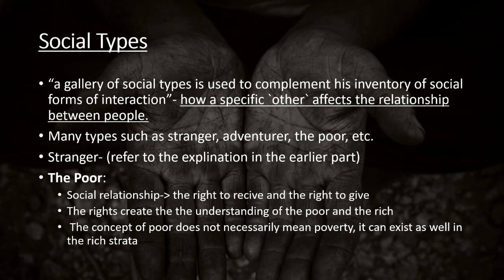So Simmel also explains that it is necessary for the rich to give money to the poor, simply because those out there who do not have houses, homeless people, beggars, are a very dangerous aspect of society. If they are not contained by money, they will become dangerous to society.